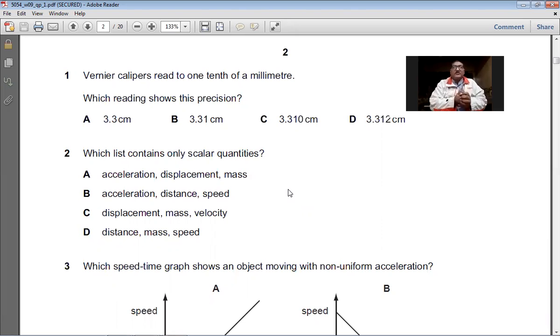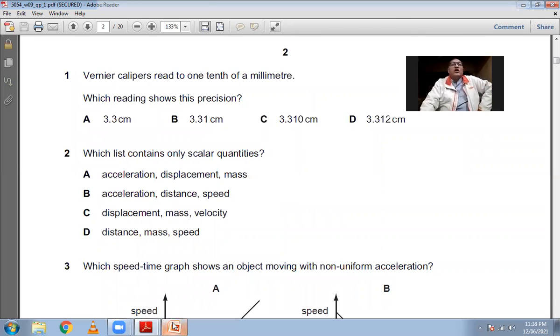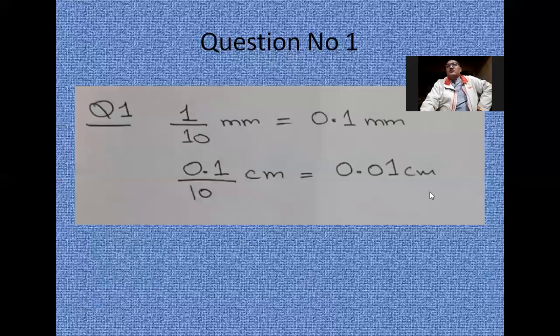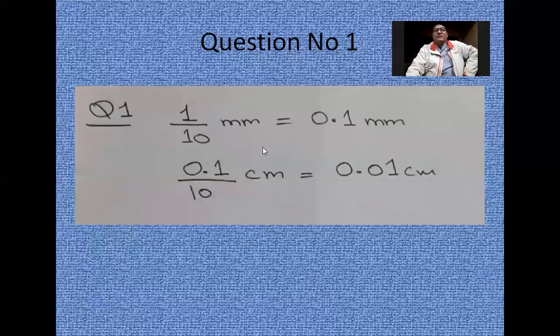If you look at the options, the unit used in all the options is centimeter. They have not shown the units in millimeter. So 1/10 of a millimeter means 0.1 millimeter.